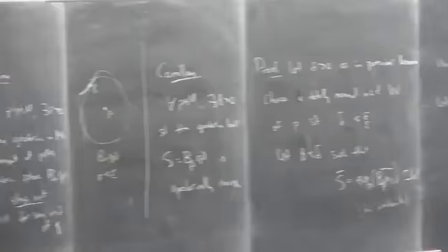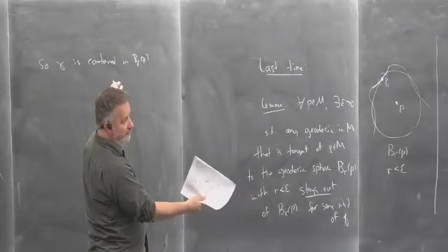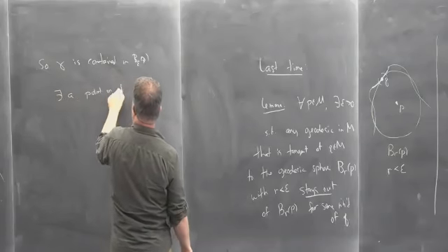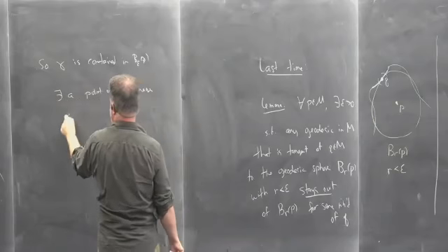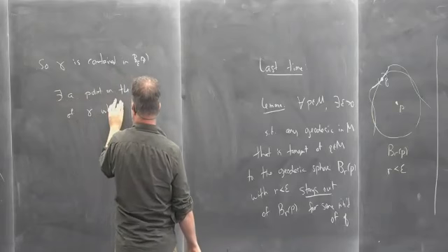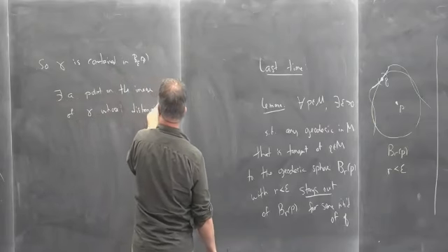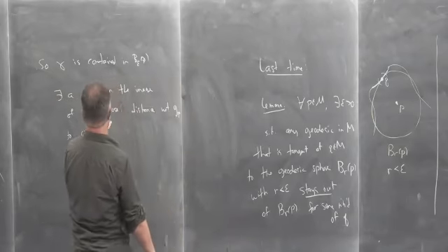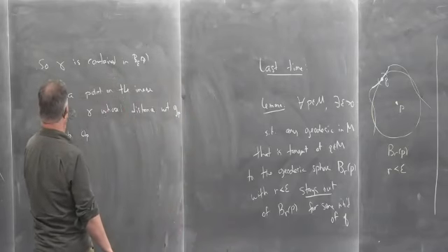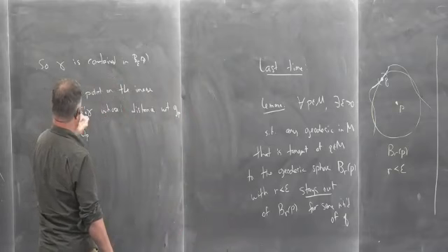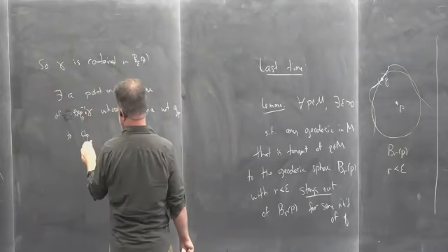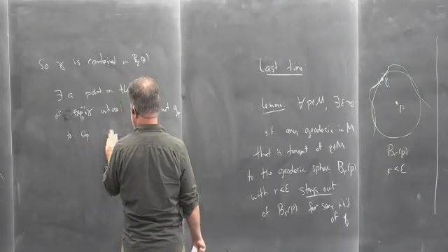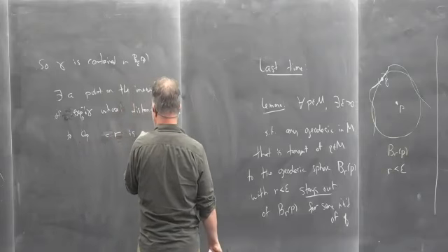By the fact that the domain is a closed bounded interval and continuity, by the extreme value theorem, there exists a point on the image of gamma, in the image of exp_P inverse composed with gamma, whose distance to the origin with respect to the inner product G_P is maximal, equals R, is maximal.